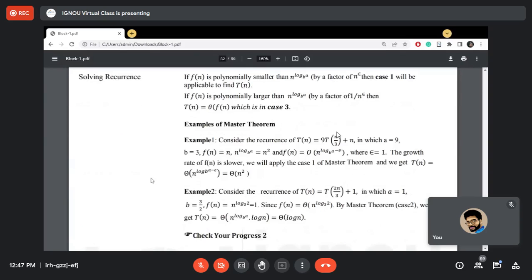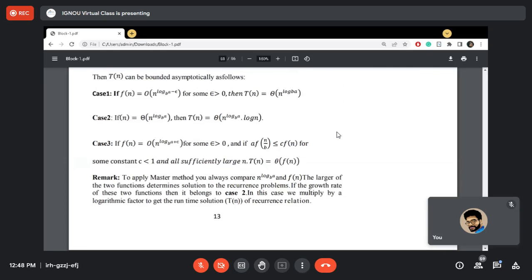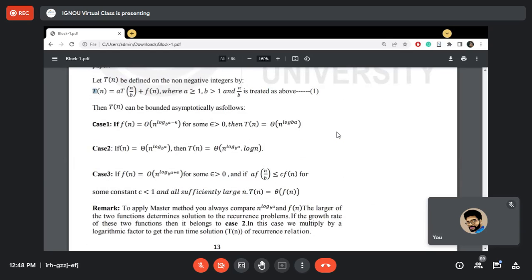So let's take one example. This is example 1. Consider the recurrence T(n) = 9T(n/3) + n. So what is the value of a? In the master theorem equation, the value before T is a, and below n, that is n divided by b, the denominator is the b value.